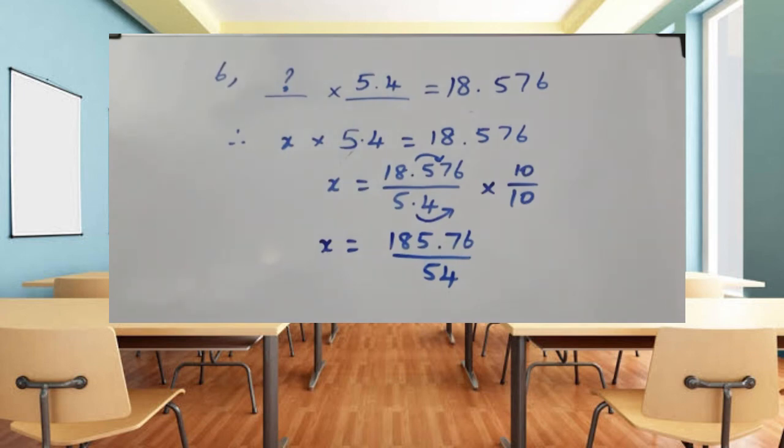Now we need to divide 185.76 by 54 in order to find the value of x.